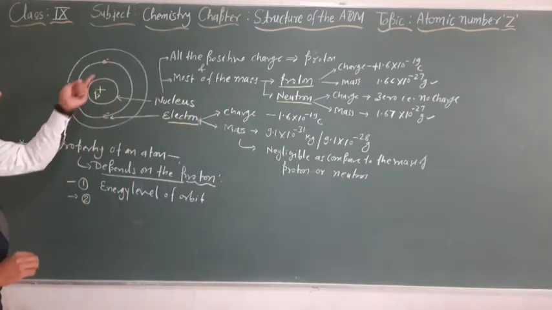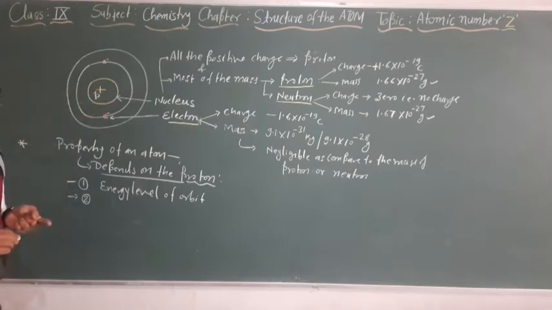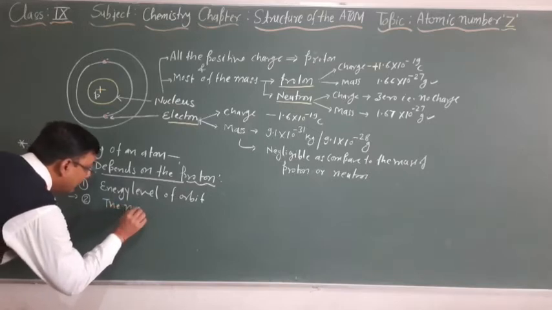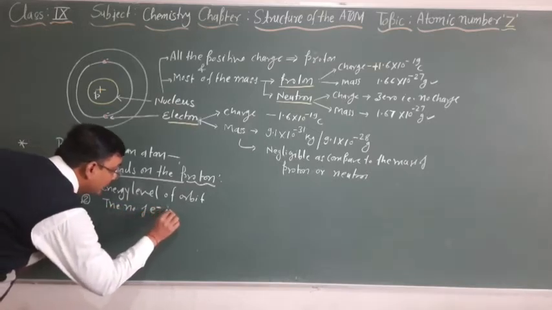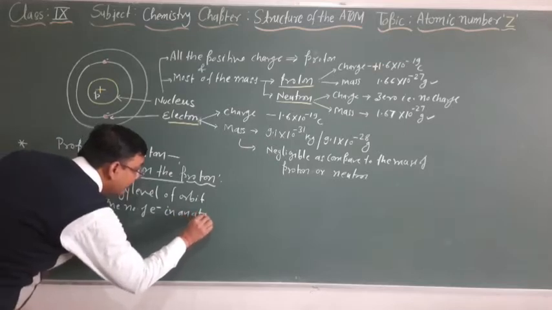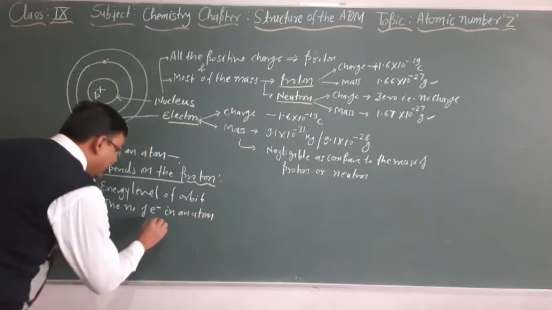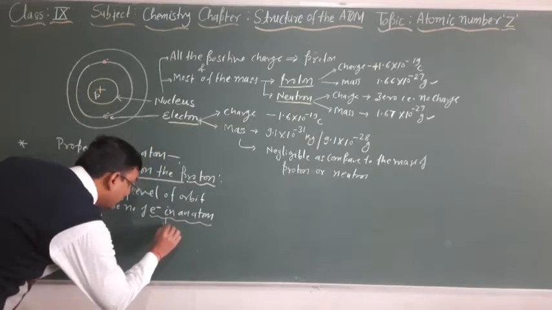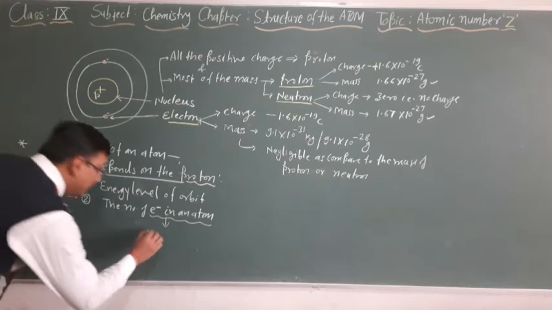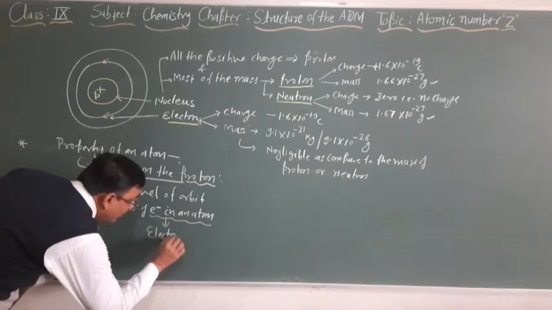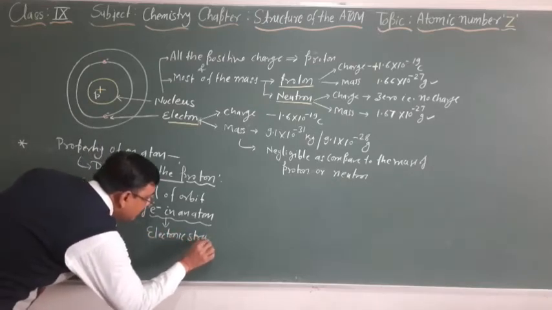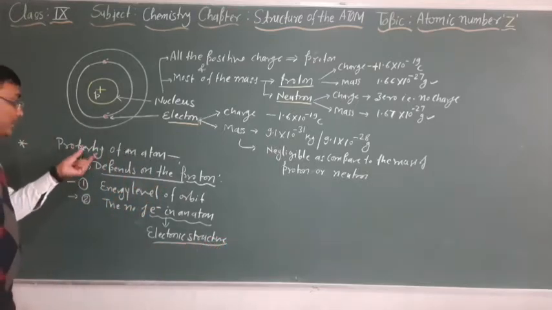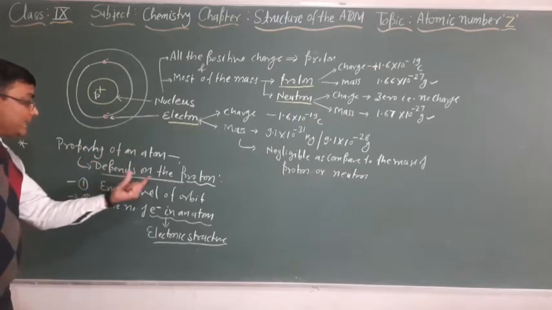As we know that the atom is electrically neutral, the protons decide the number of electrons in an atom. And the number of electrons is responsible for the electronic structure. Is this clear? The property of an atom depends on the protons.